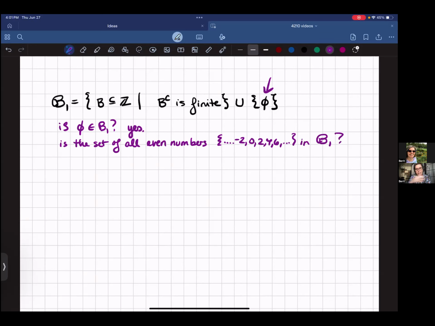First, it has the right form, because the things we're trying to think about being in B1 have to be subsets of the integers, and this is a subset of the integers. What is the complement? We have to look at the condition now. If I call this thing right here a B, and then I put it into this spot in that statement, is that statement true or false?